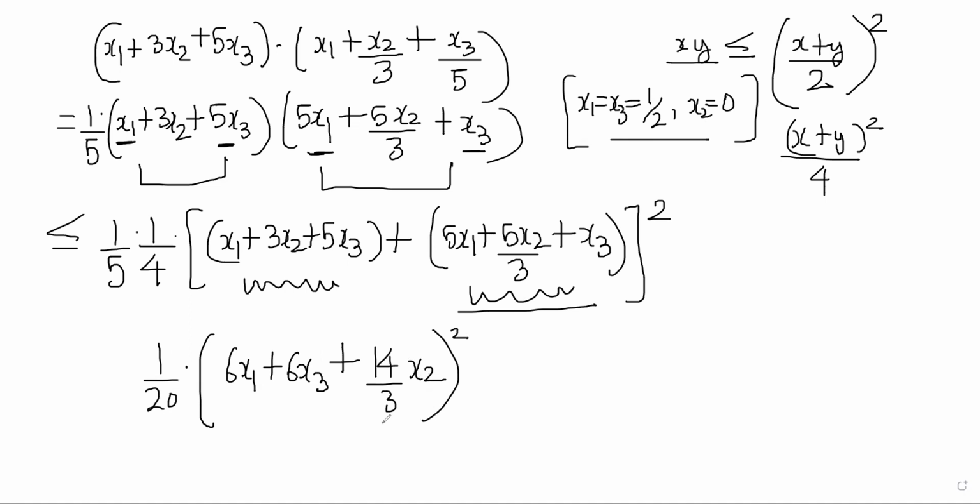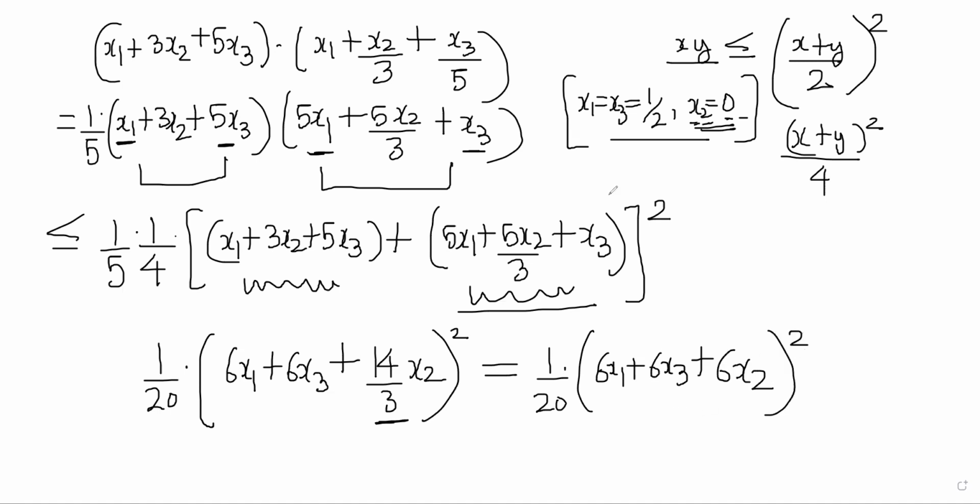Now, 14/3 is not 6, but we know that we are dealing with a case when x2 is 0. So this is equal to basically 1/20 (6x1 + 6x3 + 6x2) whole square. Why? Because in this situation, we are trying to get the maximum. So x2 is anyway 0, so we can make 14/3 into 6 because the value doesn't change.